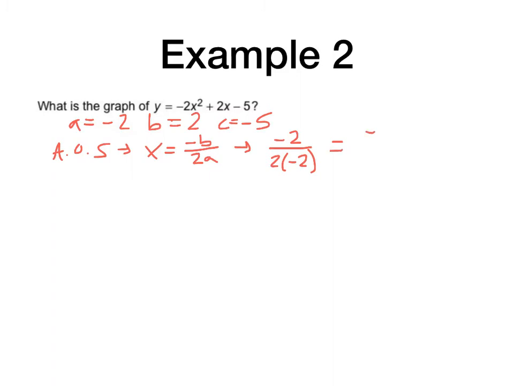So we have negative 2 over negative 4. What does this simplify to? 1/2. Perfect. Because a negative divided by a negative is positive. 1/2.